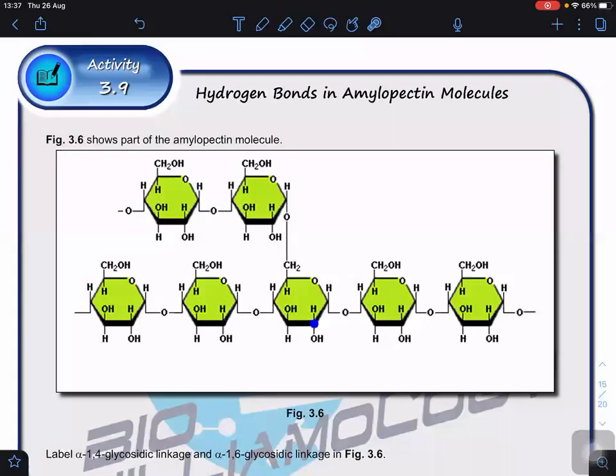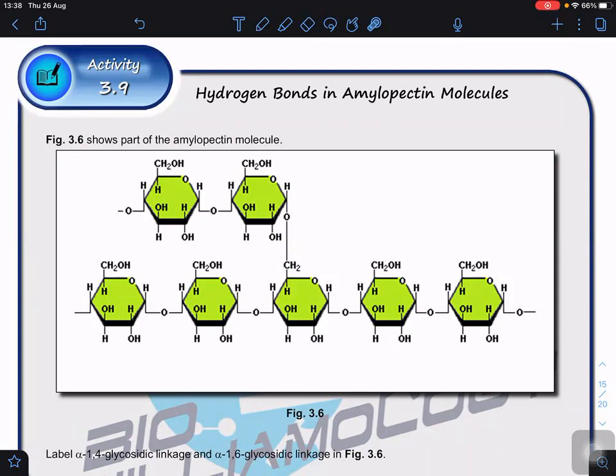This is carbon 1, 2, 3, 4, 5, and 6. So we are going to join carbon number 1 with carbon number 6. So this one is an alpha 1,6 glycosidic bond. The function of alpha 1,6 is to link two chains together. Two chains, we want to link them together, we use alpha 1,6 glycosidic bonds.